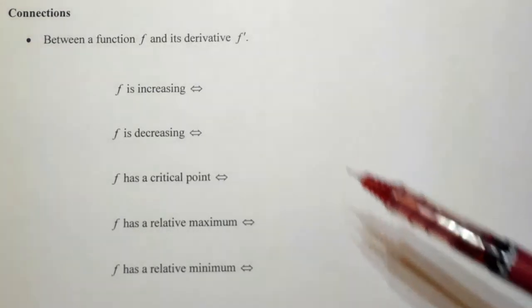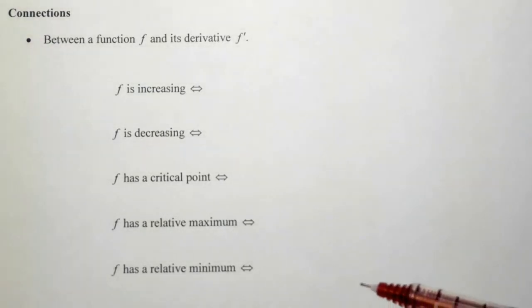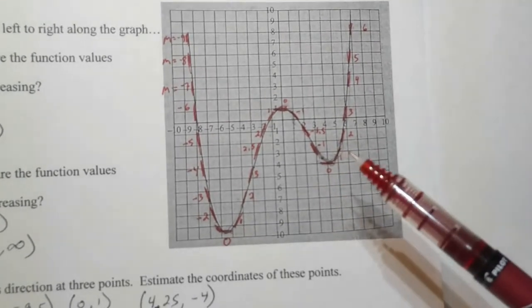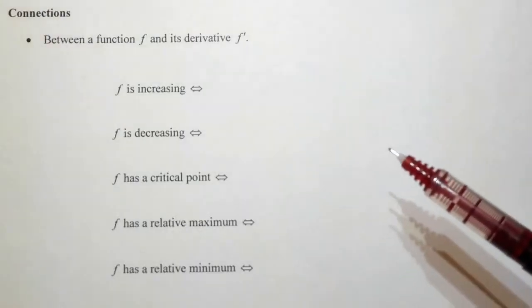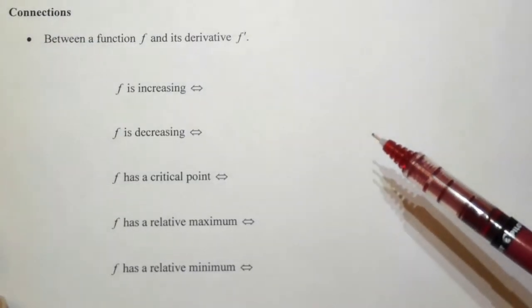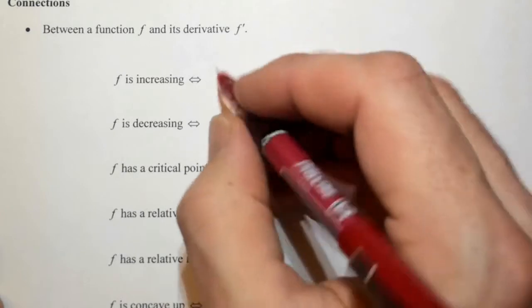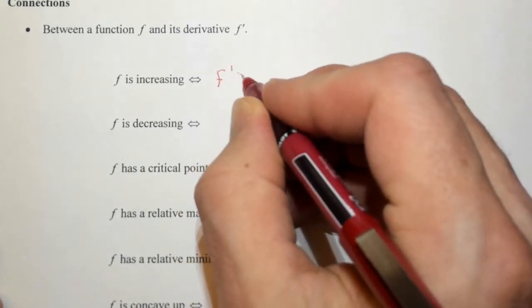If we go back and compare what we saw in part C, as well as what we saw with this graph right here, now that we know our vocabulary, we can come up with the following connections. A function is increasing when the derivative of the function is positive.